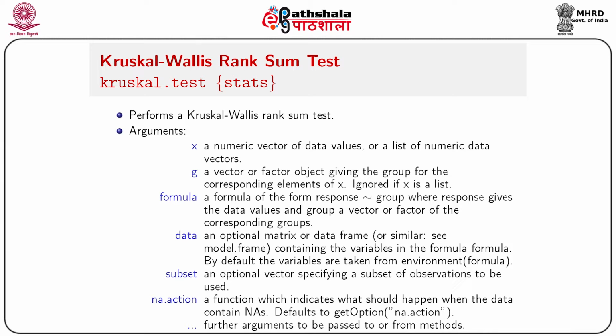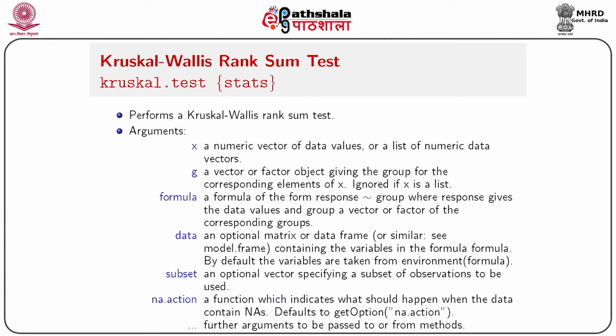So to perform a Kruskal-Wallis rank sum test, the arguments that you have to pass are x, the numeric vector of data values or a list of numeric data vectors, and g, the vector or factor object giving the group for the corresponding elements of x.